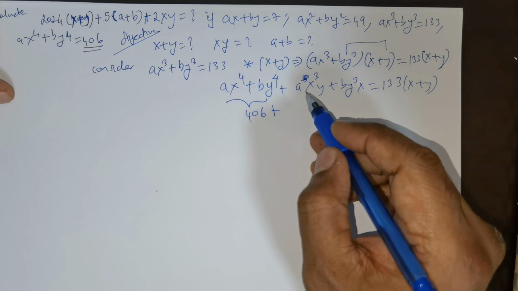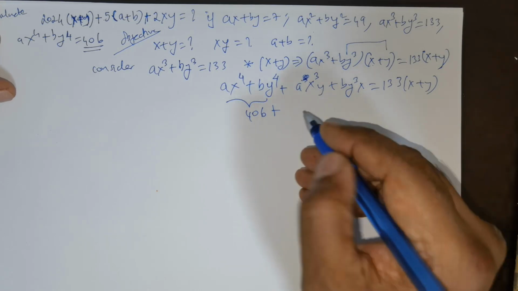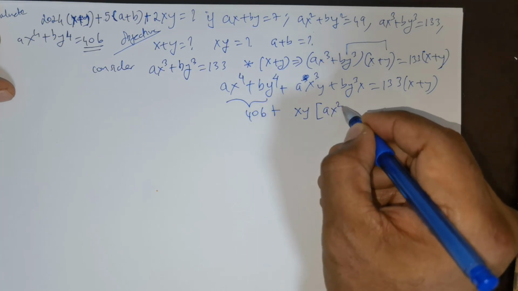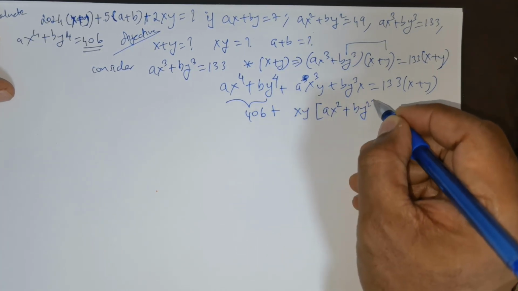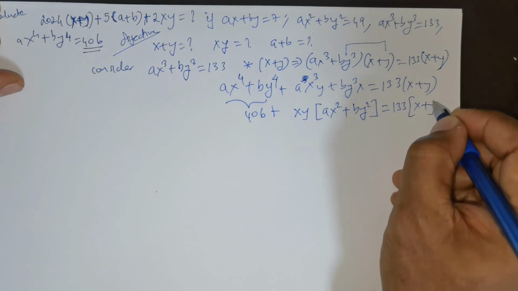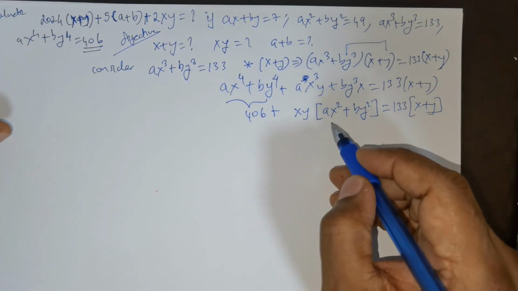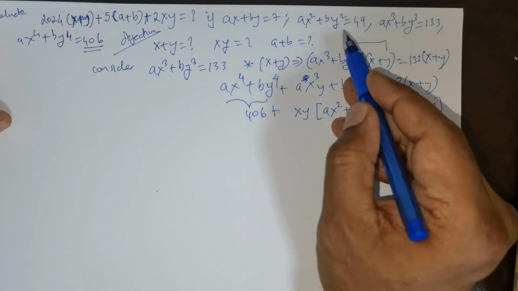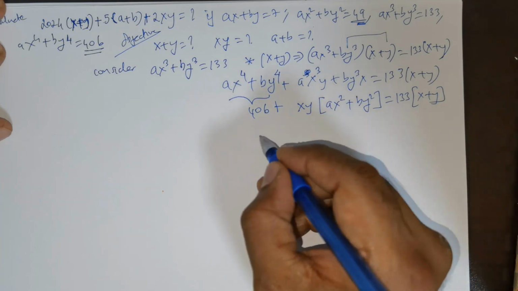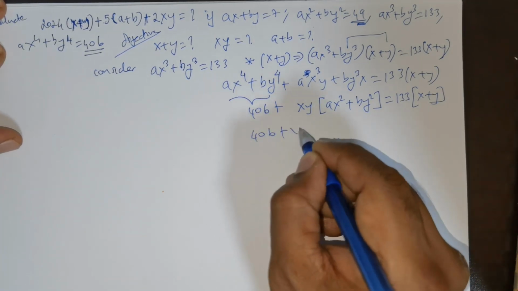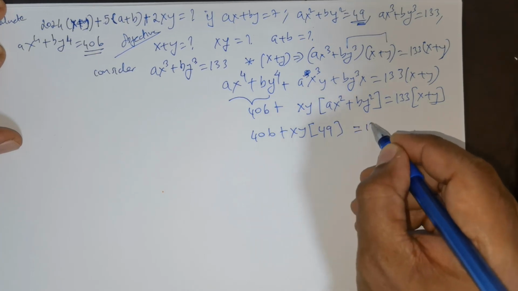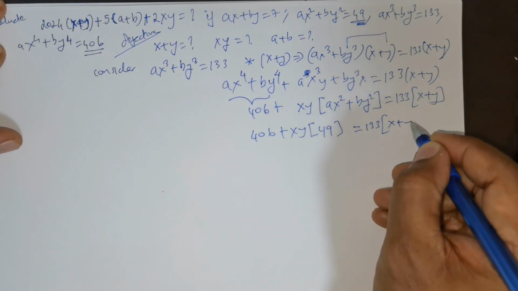Now you have ax³y, so I will take x and y out, and that would give me xy times (ax² + by²). This is equal to 133(x + y). Now what is ax² + by²? 49, right? Substitute that value. So this is 406 + xy times 49 = 133(x + y).